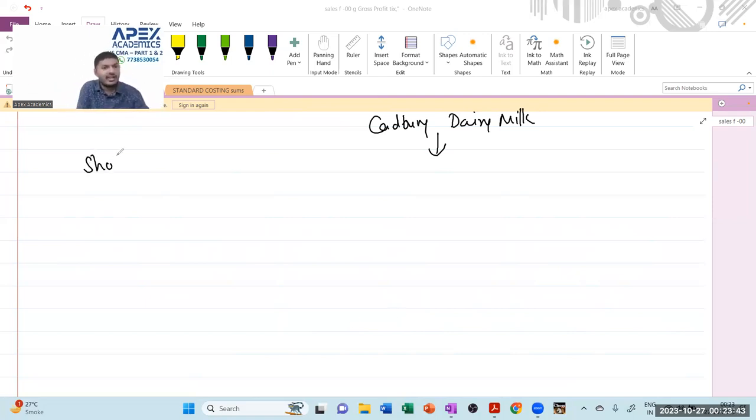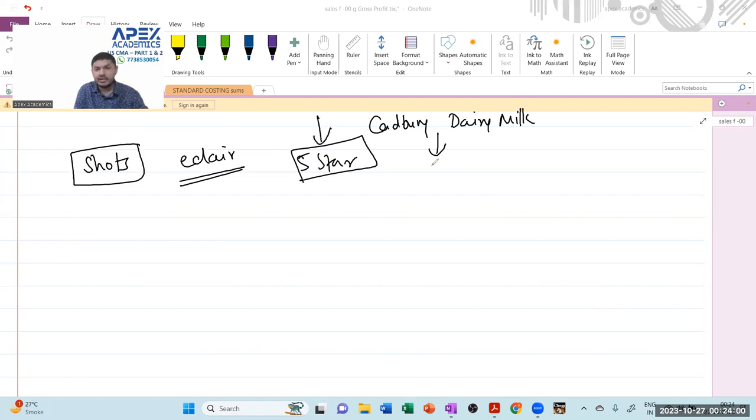So there's Cadbury Dairy Milk Shots, these small chocolate balls, very tasty, very interesting. Then there's an Eclair, a toffee full of caramel, very tasty. Then there's 5-Star, my personal favorite of all time. There's Fruit and Nut, my mother's personal favorite of all times.